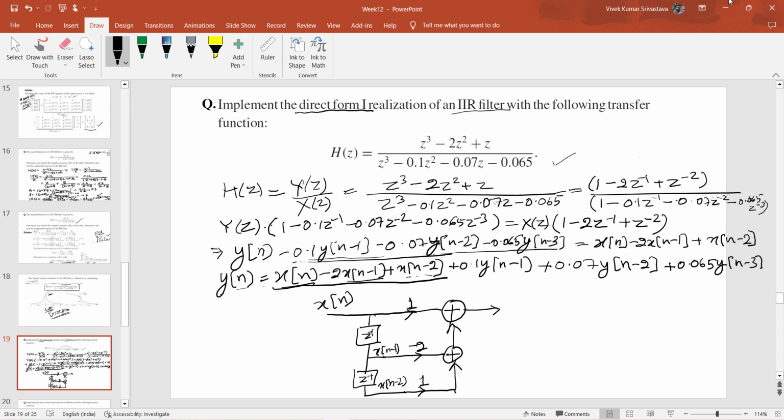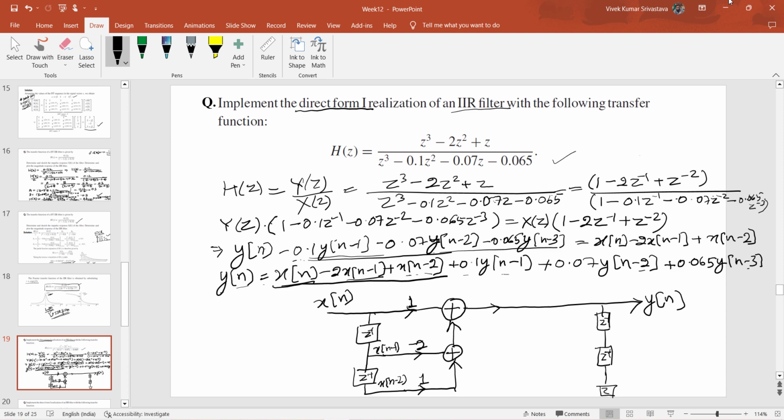Now to determine these terms, let us first assume that this is my y of n. Here we will use delaying elements, that is z raised to the power minus 1, minus 2 and minus 3. So a total of 3 delaying elements will be there at the output side.